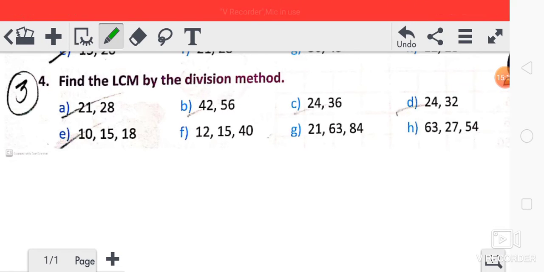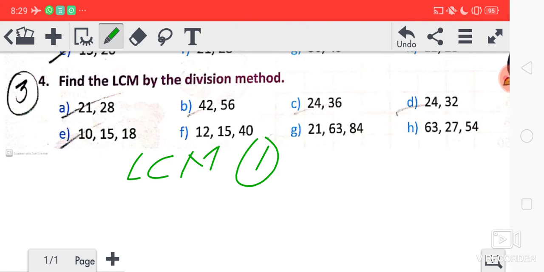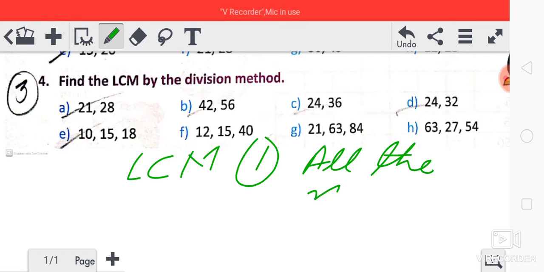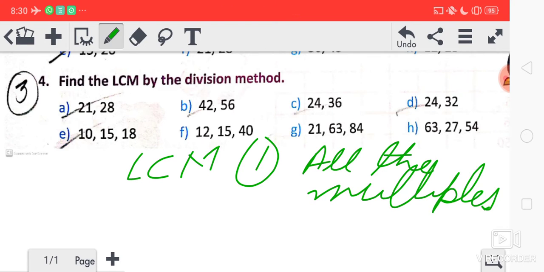So we have learned to find the LCM by two methods. One is by finding all the multiples, or simply you can say the first 6 multiples, first 5 multiples, or first 7 multiples.